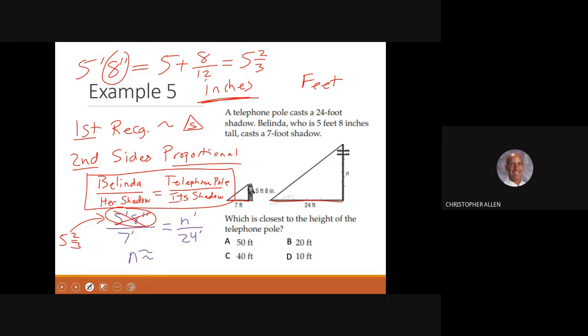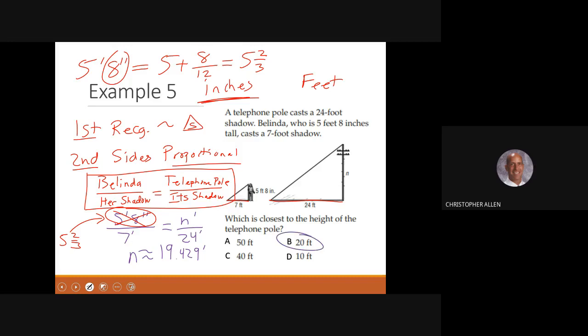Okay, so when I use my calculator to do this, I got 19.429. I rounded it. I didn't go all the way out. Assuming that these were exactly true, this would be the answer in feet. And so now what we need to do is just pick the answer that's closest to that.